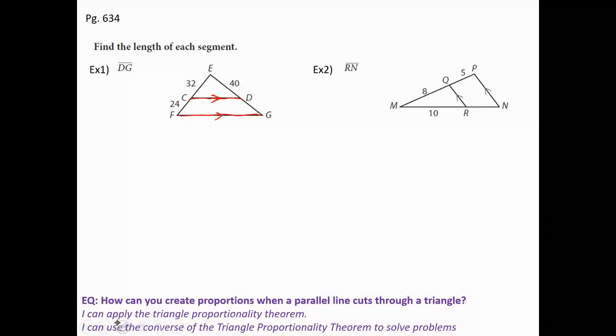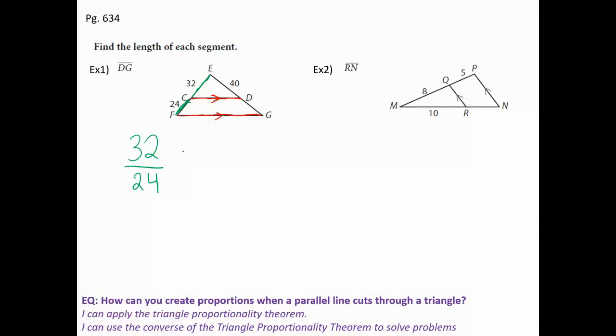So now we're going to set up our proportion. We're going to take this side, which is 32, and put it over the other part side, which is 24. Hopefully you're following me there.